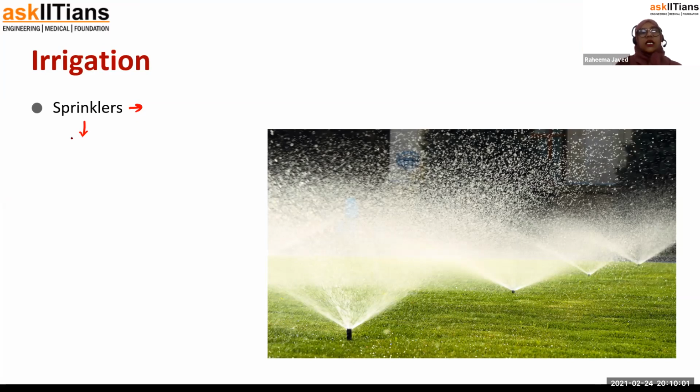So it is advantageous over other systems where a lot of water can be wasted, and if a lot of water goes into the soil, it becomes waterlogged. We do not want that. With sprinklers, there will be no problem of water logging. We do not want to waste water, and we do not want to reduce the quality of the soil either.